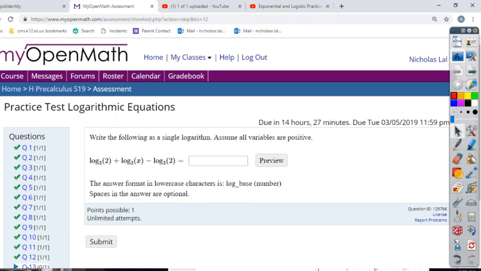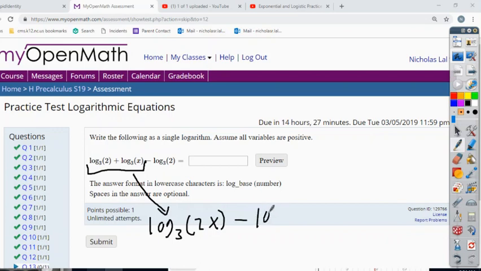Question 13. We need to condense logarithms again. So when we are condensing logarithms, you have log base 3 of 2 plus the log base 3 of x. Okay? And when you have that, you have to use the product rule. This will become the log base 3 of 2 times x minus the log base 3 of 2. Okay?